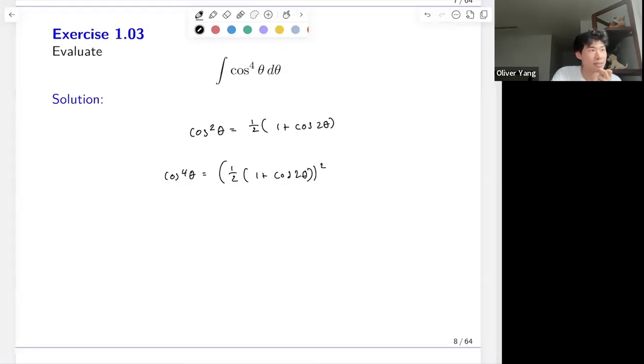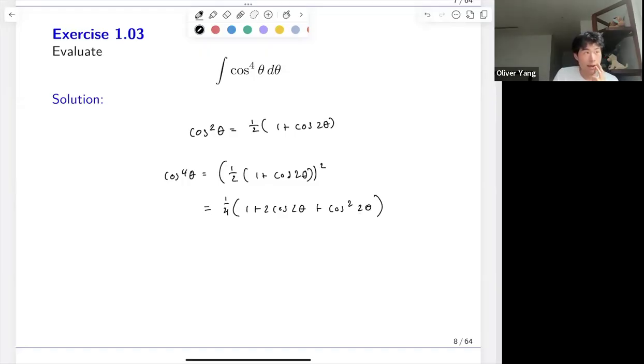If we expand this like a quadratic, we should get 1 over 4, 1 plus 2 cos 2 theta plus cos squared 2 theta.